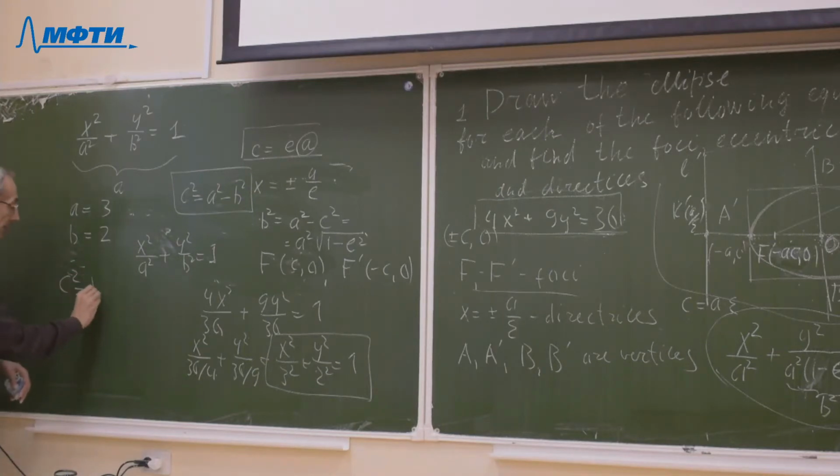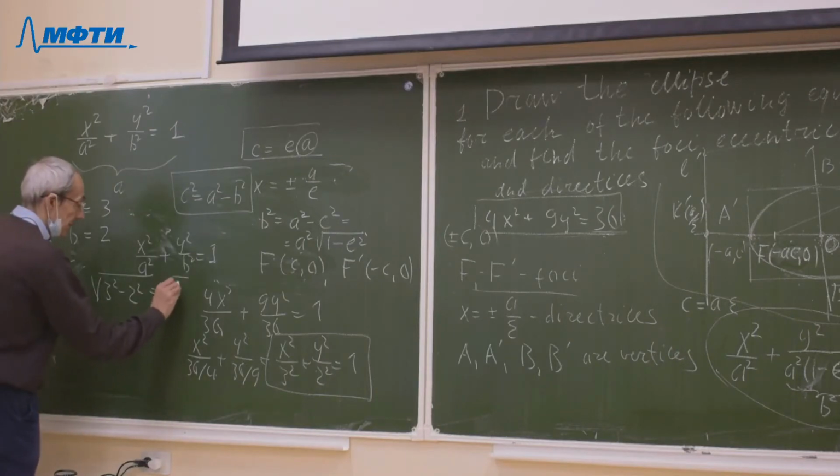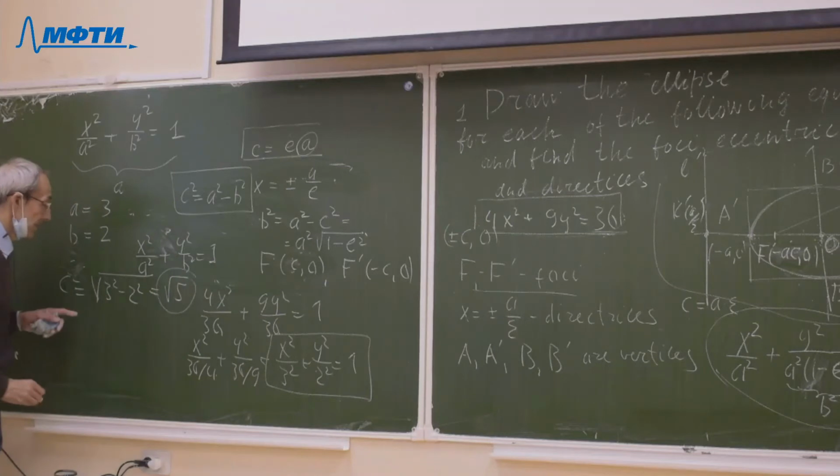By definition, c is equal to the square root of 9 minus 4, which is 5. We obtain the square root of 5. c is equal to root 5.